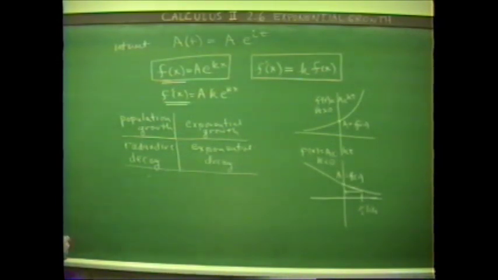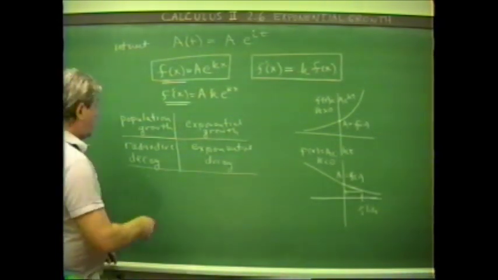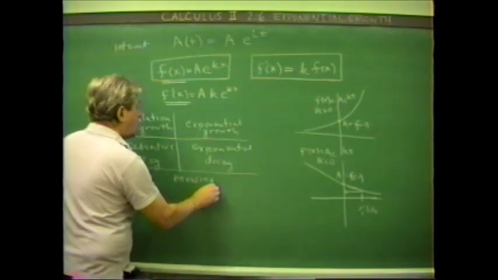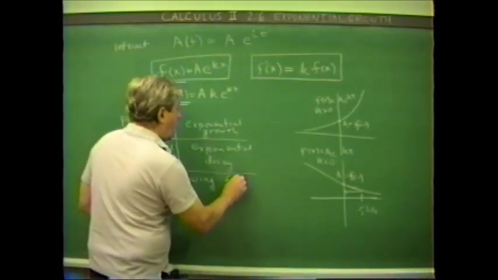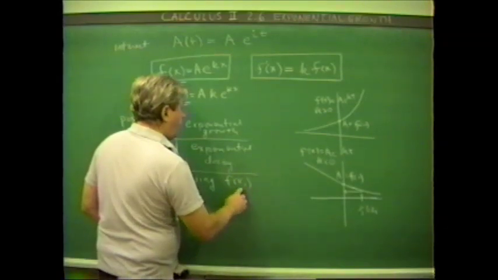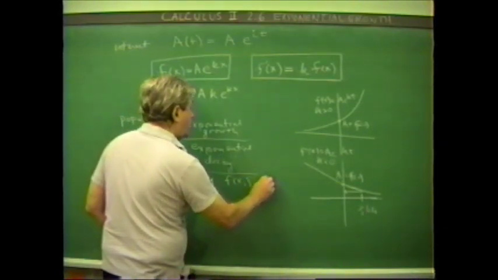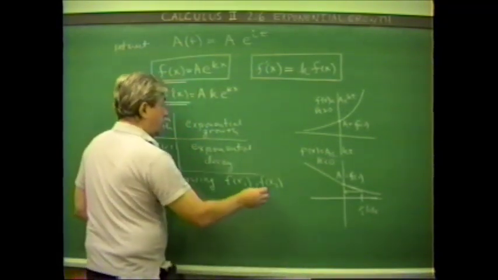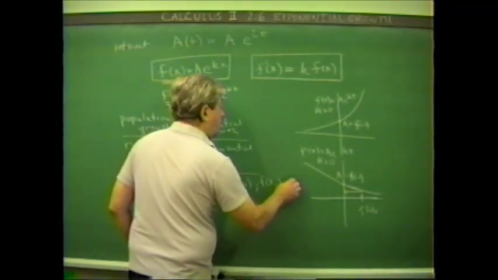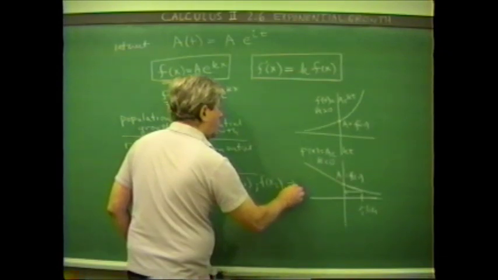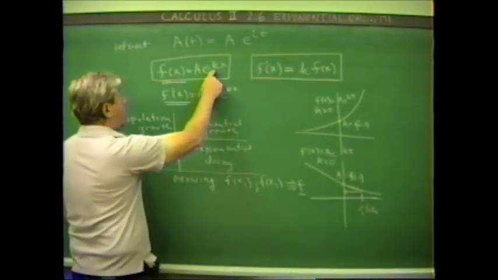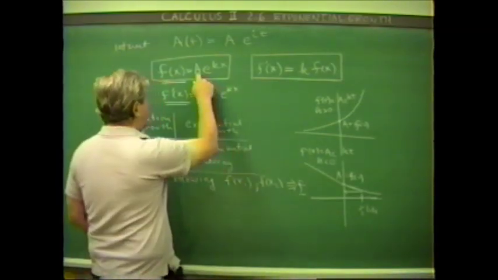Moreover, if you know two values of f, say f at some point x1 and f at some point x2, you can determine a and k.